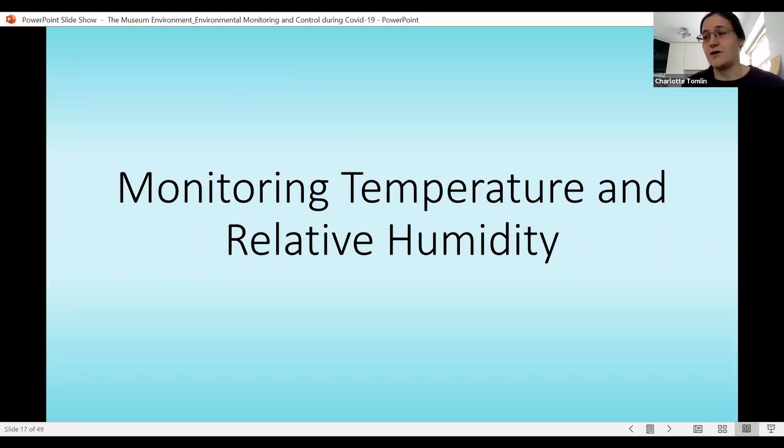If you're allowing fresh air into the building, you could see problems with your objects because of pollutants. Although if you're not in an area with lots of pollutants, then fresh air is quite a good thing. But you do have to think about how it will affect your environment. Will it lower the RH? Will it raise the RH? It's got to be specific to your museum.